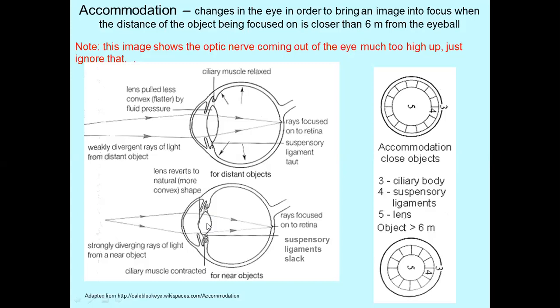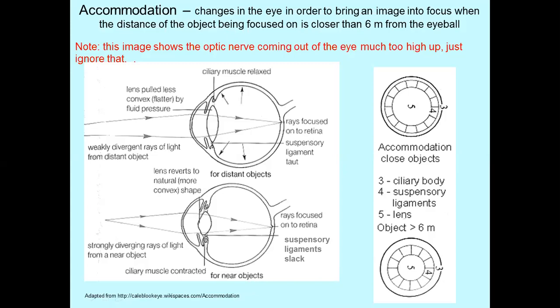So if you're looking at it from the front, the ciliary body has moved in, the suspensory ligaments are slack, the lens has less tension on its periphery, it becomes more biconvex, light rays are refracted more, focused image on the retina. Okay, and that's for objects that are closer than 6 meters.